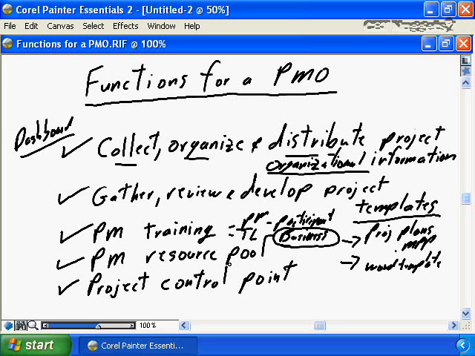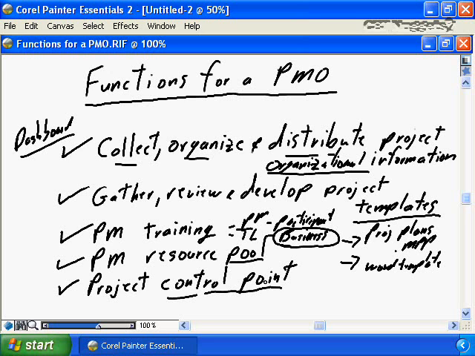There's a big difference between the resource pool, where the project managers are owned by the PMO but then assigned to the business unit for project delivery responsibilities, and the actual project management control point, where the PMO retains responsibility for project delivery. It almost becomes a contract basis, where the business unit contracts internally within their own company to the PMO, and the PMO takes on the responsibility for delivering the project.